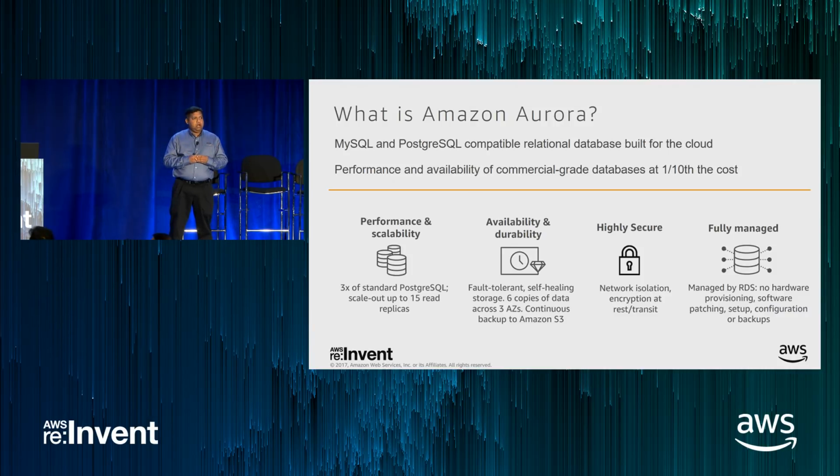Amazon Aurora comes in two editions. The one that was released a couple of years ago is Amazon Aurora with MySQL compatibility, which talks the MySQL protocols, so you would use a MySQL client to connect to it.